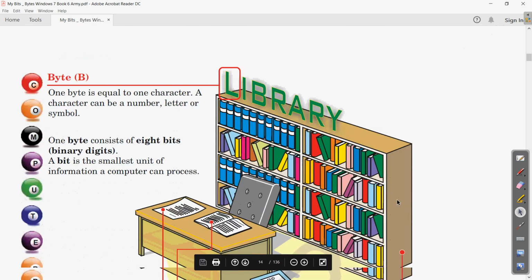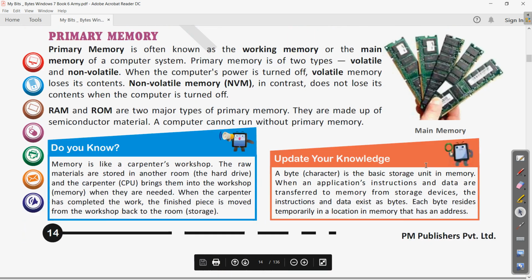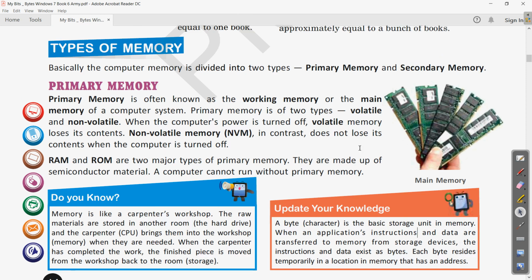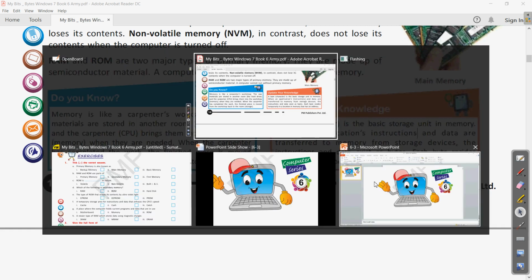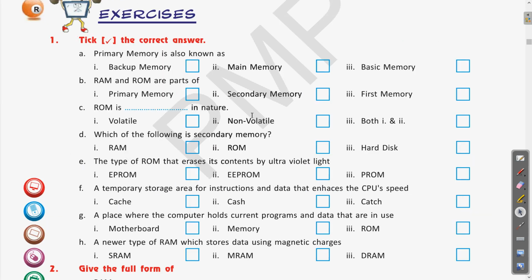So here we are searching about the primary memory. Here you can see primary memory is also called working memory or main memory. Clear? This you can see on page number 14. So primary memory is also called main memory.